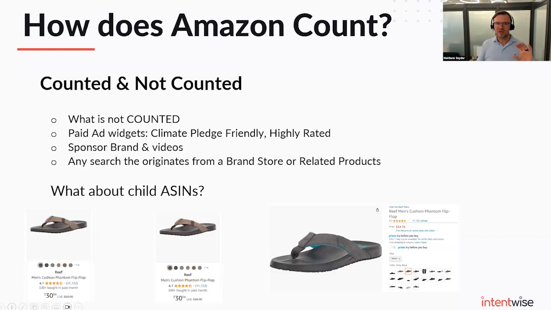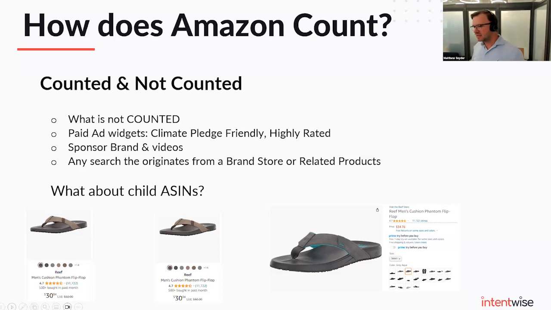So again, understanding what's getting counted, what's not getting counted, and where this gets a little more complicated or granular is when we start talking about child ASINs. Just to give an example here, I've got these reef sandals. If I enter the search term reef sandals, branded search, the initial ASIN, this first one that we have, would get the impression share.